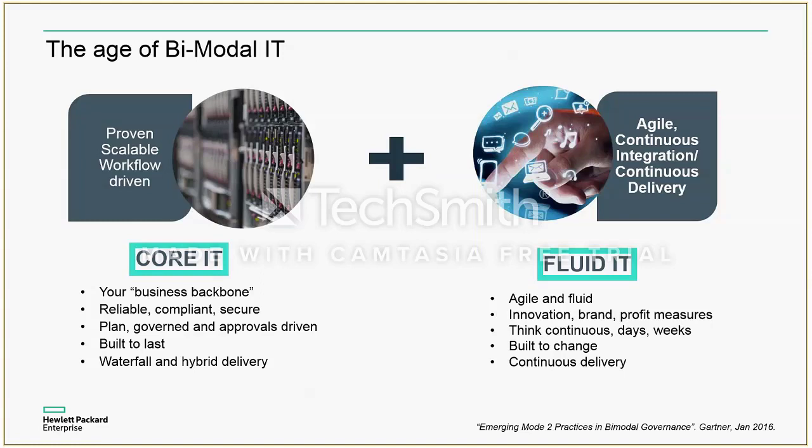So with both of those, core IT and fluid IT, we need a solution to be able to support both of them, and StormRunner Load bridges that gap to be able to help with a more cost-efficient SaaS-based solution where we can actually support core IT and fluid IT.